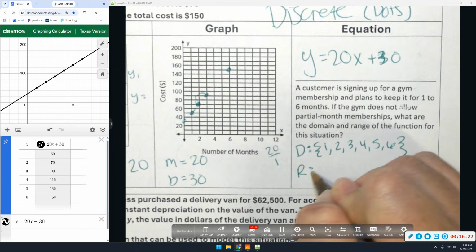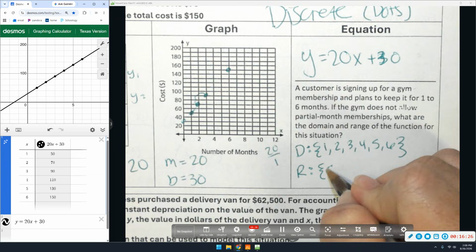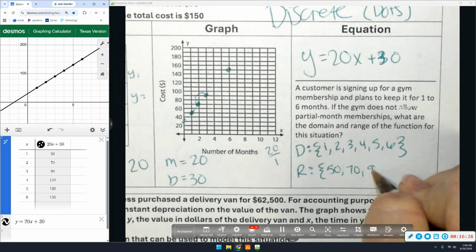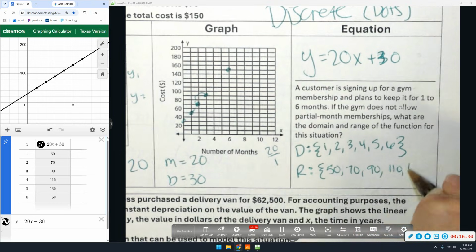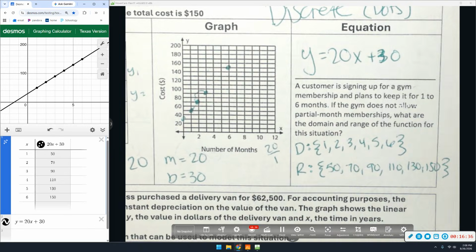And my range is a list of all my y's. So 50, 70, 90, 110, 130, 150. All of our y's. So we can make the calculator build our domain and range for us when it comes to discrete graphs. Okay.